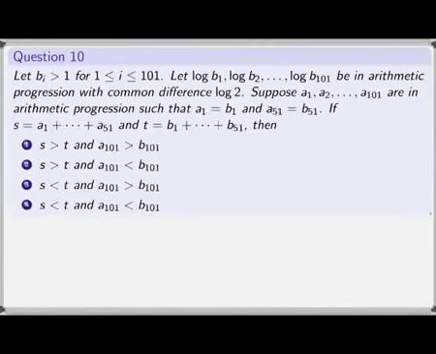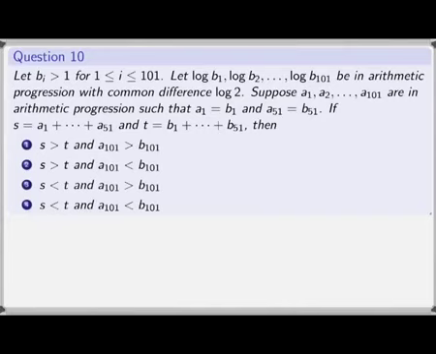We consider the following question. For 1 less than or equal to i less than or equal to 101, let bi be strictly bigger than 1. Let log of b1, log of b2 up to log of b101 be in an arithmetic progression with the common difference log 2, and a1, a2 up to a101 be in an arithmetic progression so that a1 is equal to b1 and a51 is equal to b51.